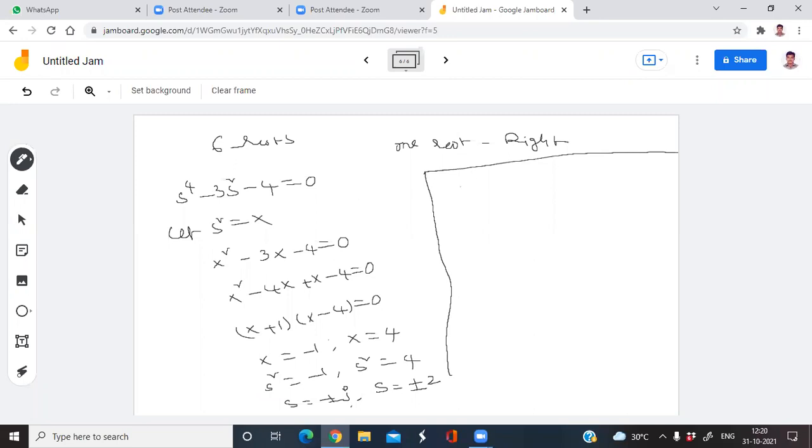What is the actual equation? s power 6 plus s power 5 minus 2s power 4 minus 3s cube minus 7s square minus 4s minus 4 equal to 0. Already we know the auxiliary equation. That equation is s power 4 minus 3s square minus 4 into s square plus s plus 1 equal to 0 actually.